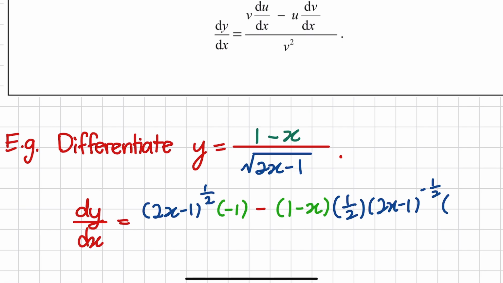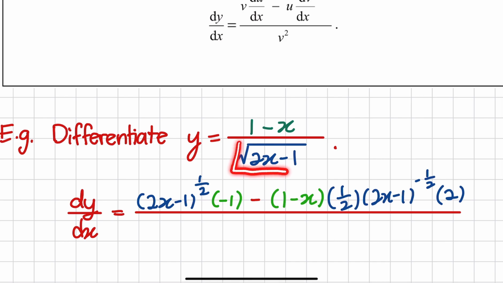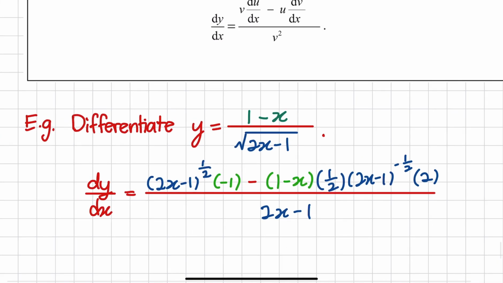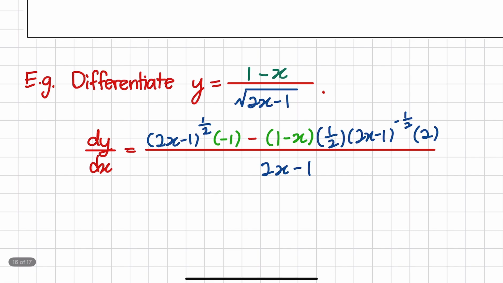Then times differentiate inside the bracket, which will give me, differentiate 2x minus 1 is 2. Then the whole thing is divided by your denominator squared. Square root of 2x minus 1, if I square this, I'll get 2x minus 1. My next step is to simplify this fraction.